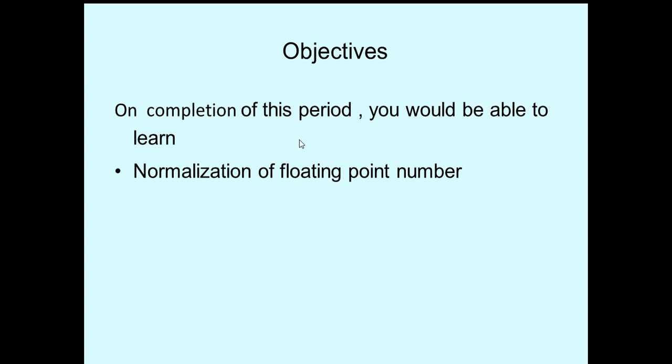And one more thing: the decimal point is not fixed at one place, but in the exponent we can represent where the decimal point is present. That is the difference between fixed point representation and floating point representation.